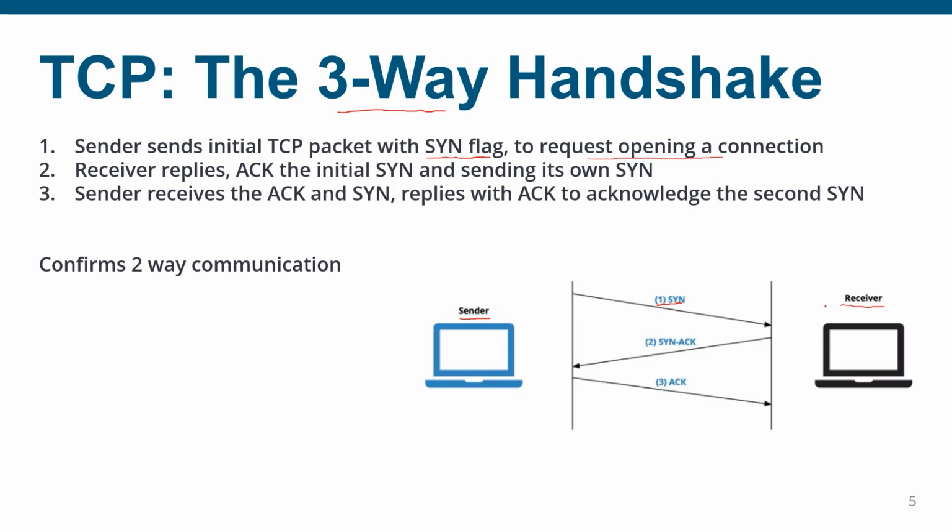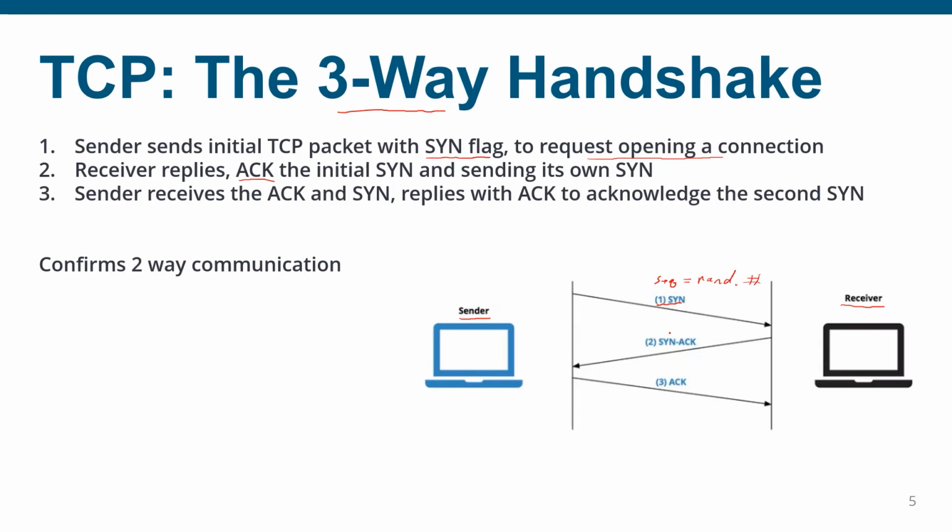When the receiver receives that packet with the SYN flag set, it will go ahead and reply and acknowledge the receipt of that sequence number. This has some sequence number that is equal to a random number.